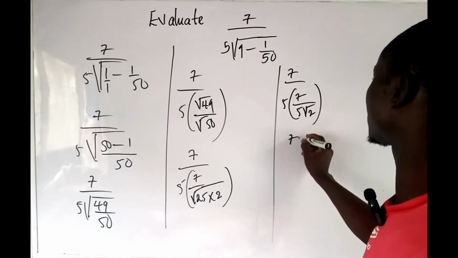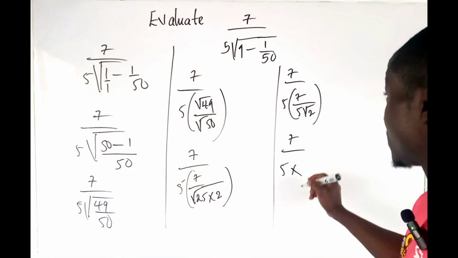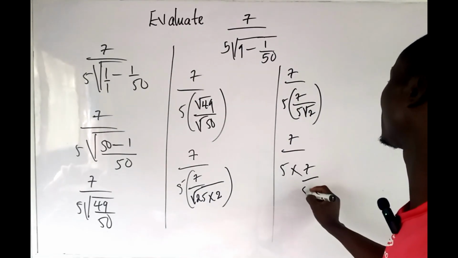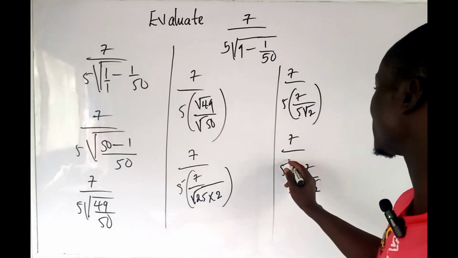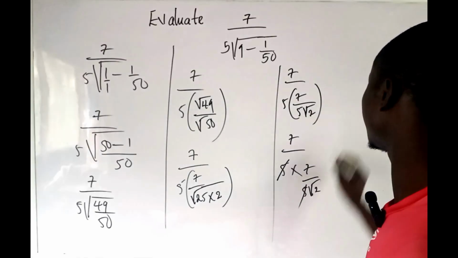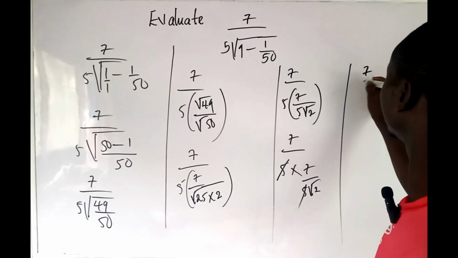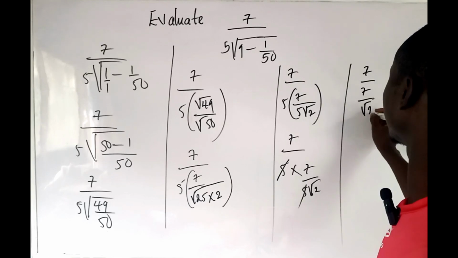Now we have 7 over 5. The bracket also means times, so you bring it out, which is times. So 7 over 5 times 7 over 5 root 2. We can now see 5 can take away 5, so we have 7 over 7 over root of 2.